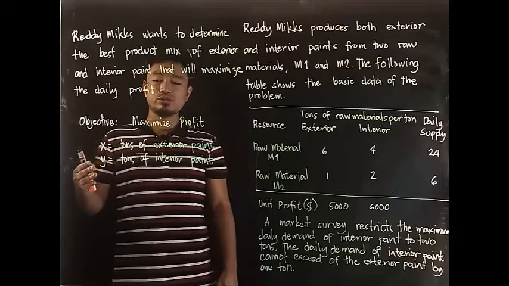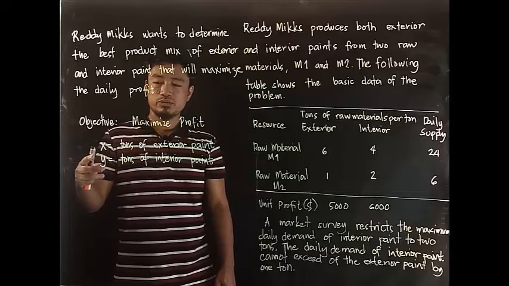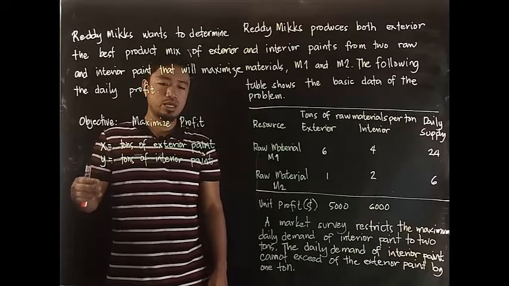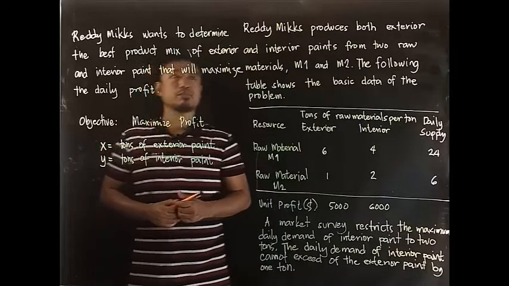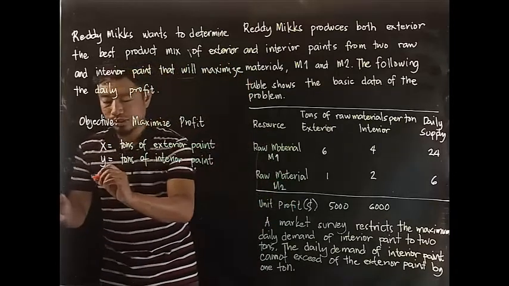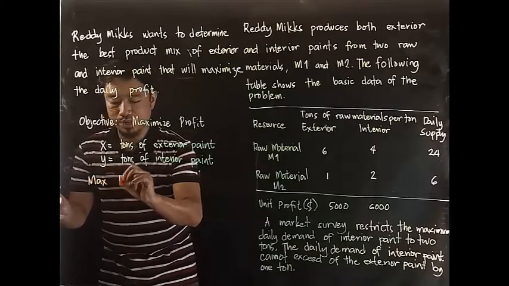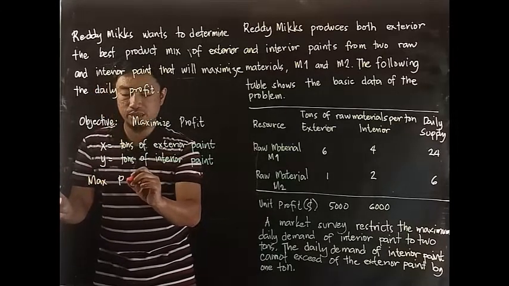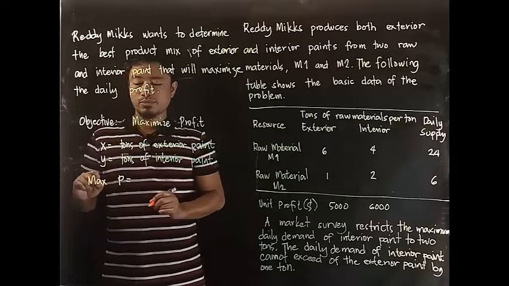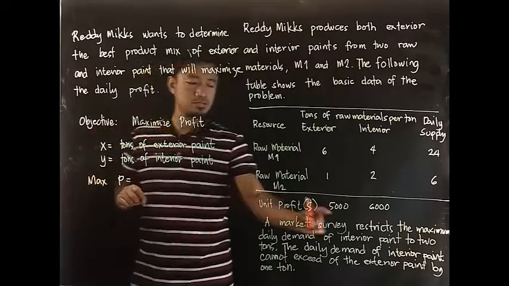From these two decision variables, we're going to formulate the LP model, which consists of the objective function and the constraints of the problem. So the objective function is, we maximize, we let P be equal to the profit equal to, for every ton of exterior paint produced, the profit is 5,000.